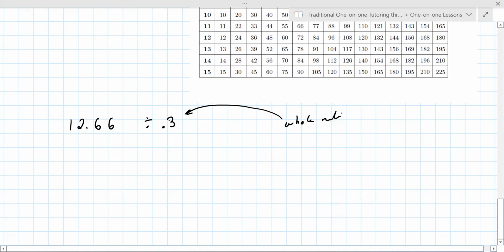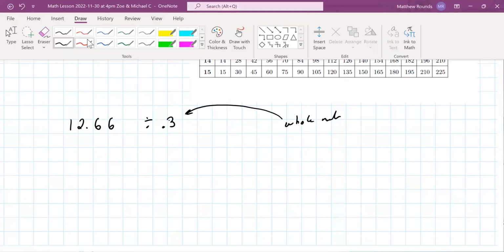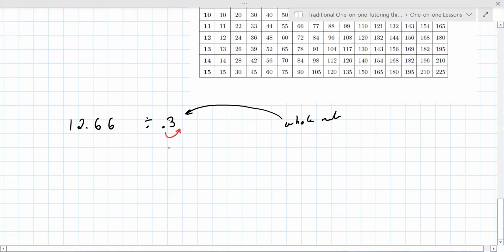Otherwise, it affects things like where you put the decimal. What you're allowed to do is move the decimal to the right, but you have to do it for both of them. If you move this one to the right, then you also need to move this one to the right. So your new problem is 126.6 divided by 3.